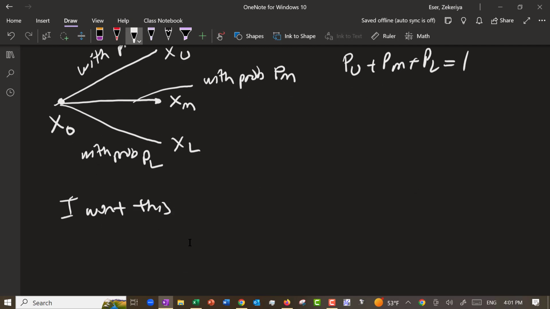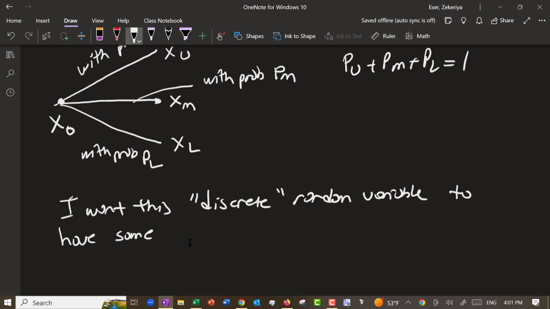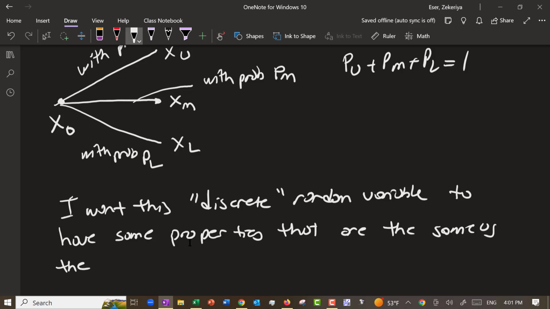I want this discrete random variable to have some properties that are the same as the normal zero distribution.